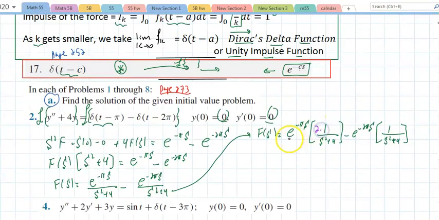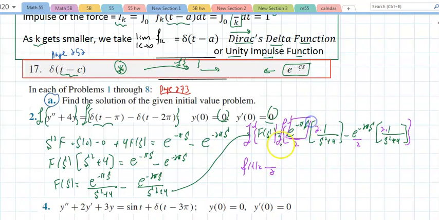I could multiply by 2 and divide by 2, and now I could say, you know what? Apply the inverse Laplace transform. Now it matches the table. And I can get the solution to this differential equation to be e to the negative 2 pi s over 2.